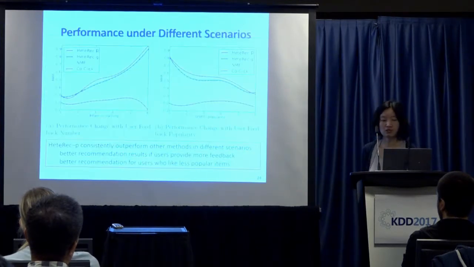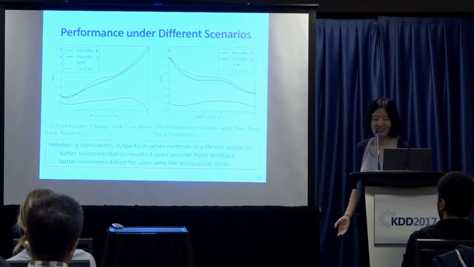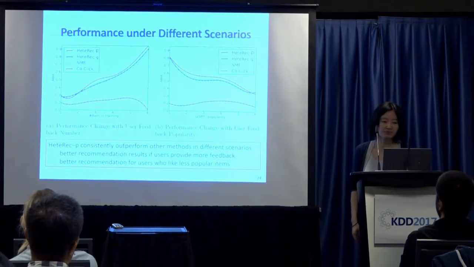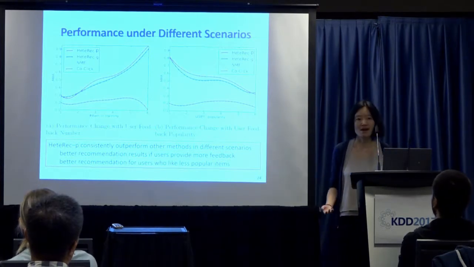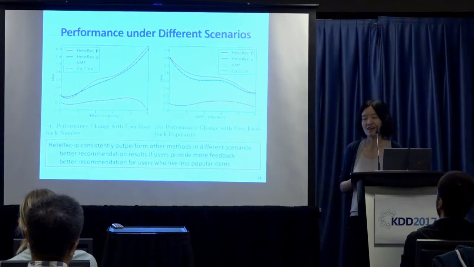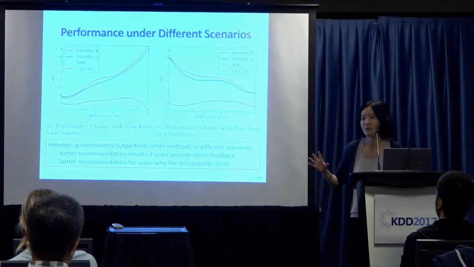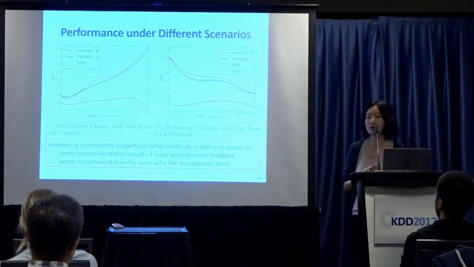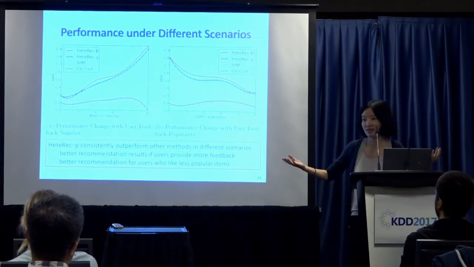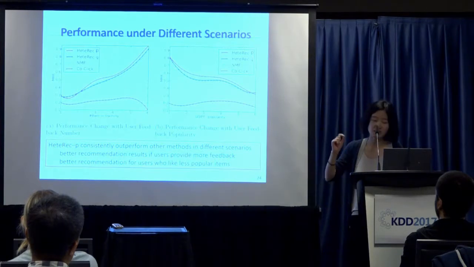And also we check some other details, like when our model can do a better job, right? So it turns out that we still expect that the user has a relatively higher number of interactions with those items. Okay, although the performance can be enhanced a lot, if the user just interacts with one item, even if you do some propagation, it's still not that good. Okay, but compared to other algorithms, we do not need to have that many items, but still not too tiny.